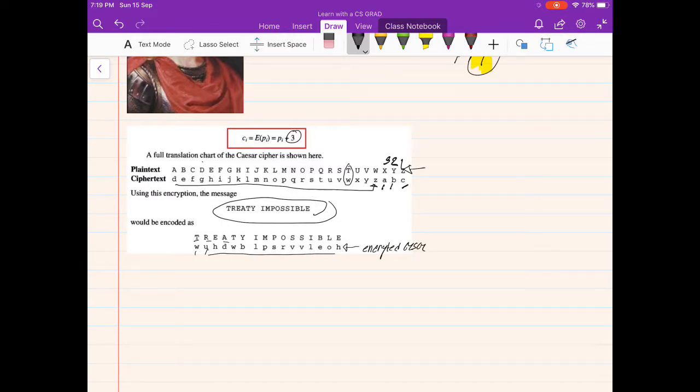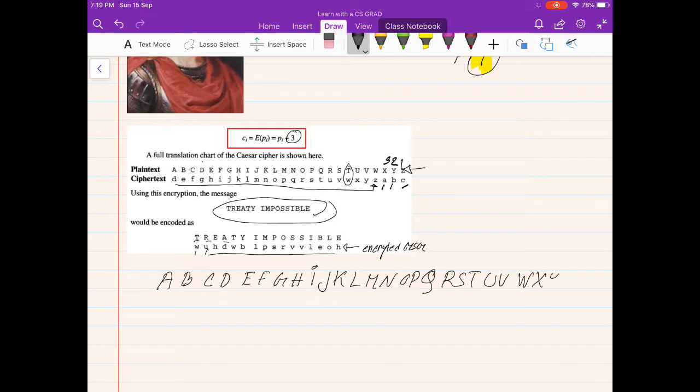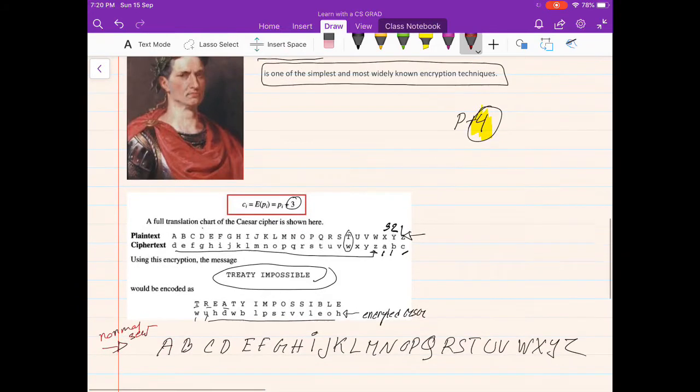So again, let's write down the whole alphabet. We have finally written all the alphabets here in the normal sequence. Now let's say your friend tells you that the code is plus 3, right?